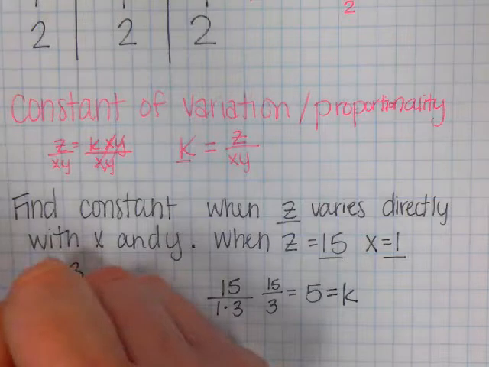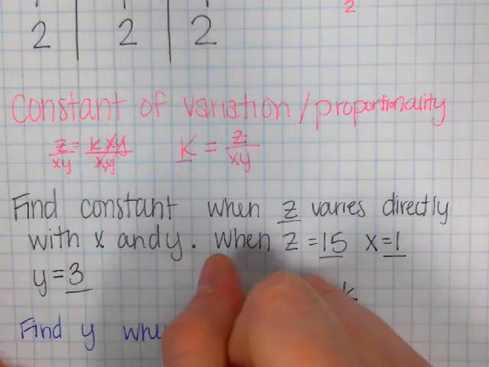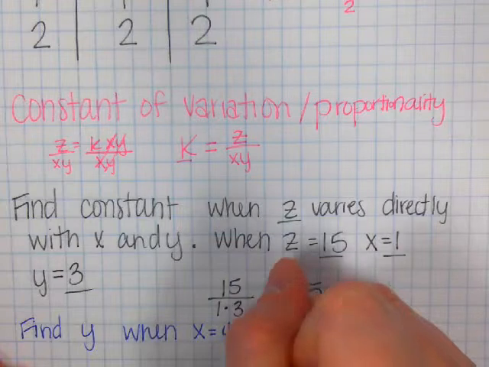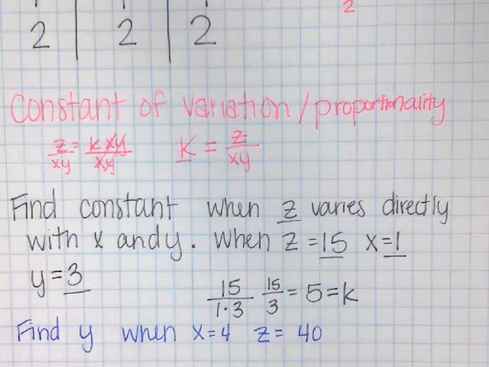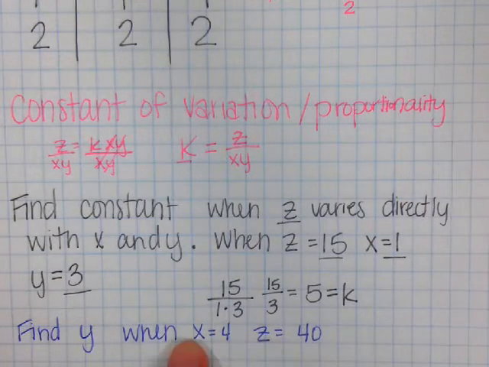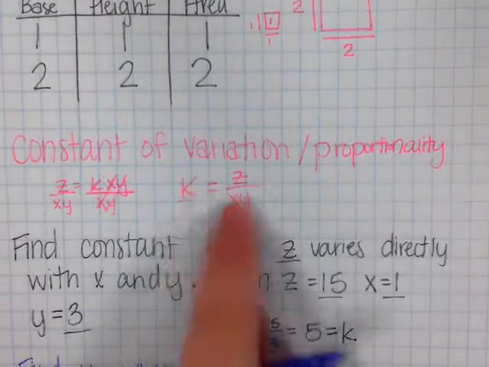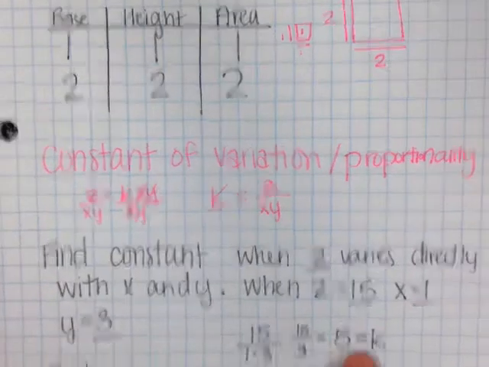Now, if I told you to find, for that same problem, find y when x equals 4 and z equals 40. You can plug in this information you know into this equation, this equation, or this equation.